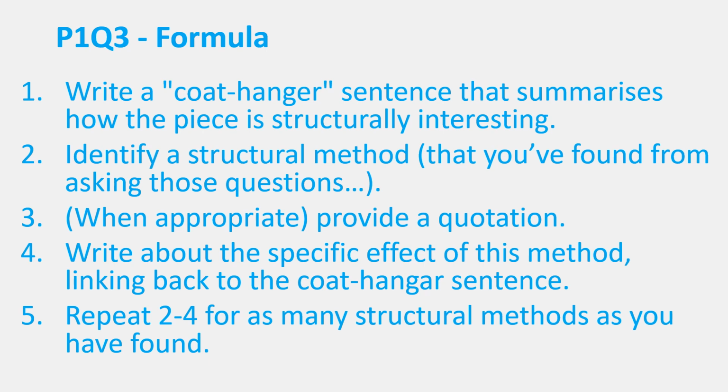So, pick a couple more, maybe 3 more structural methods, quote them if you can, link the effect of them probably back to your coat hanger sentence. That's how you're going to get up to 6, 7, 8 out of 8. And of course, whether you get a 6 or whether you get an 8 will probably depend on just how well you write about the effect.